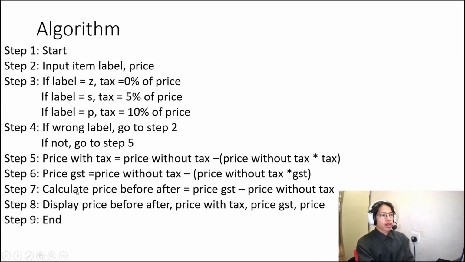Step 7, calculate price before after equal price GST minus price without tax. And the last one, display price before after, price with tax, price GST, and price. And last step, step 9 is end.